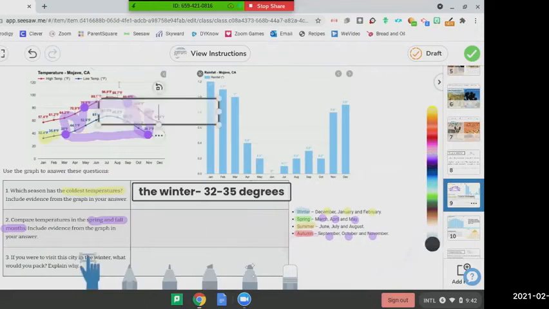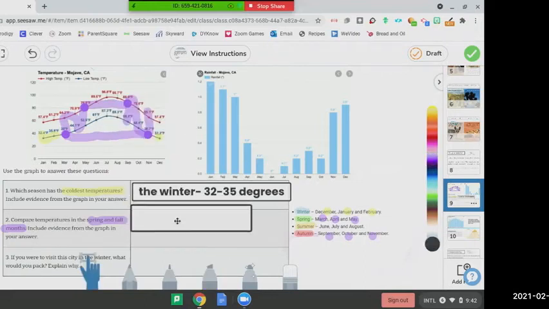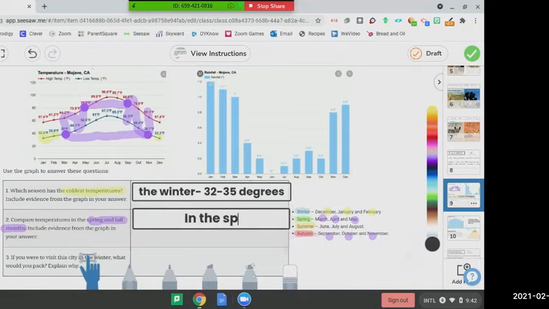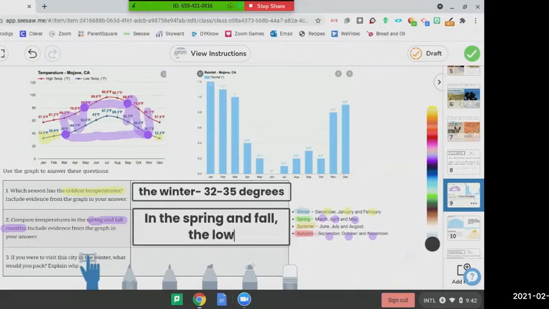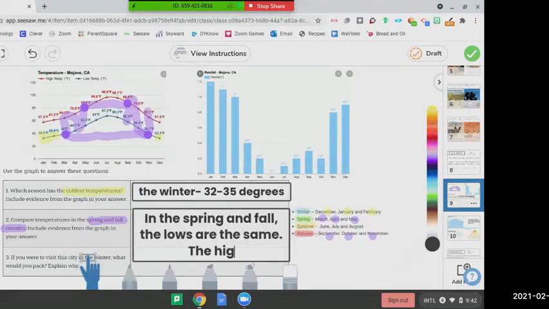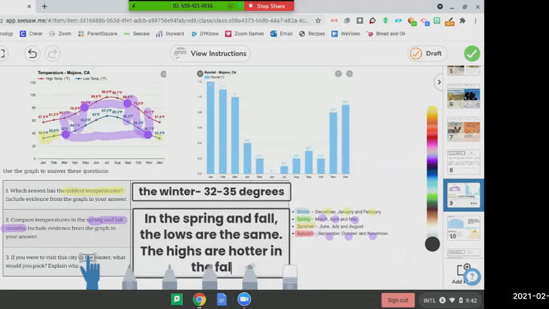So we're going to add that in this little section here. In the spring and fall, the lows are the same. The highs are hotter in the fall.